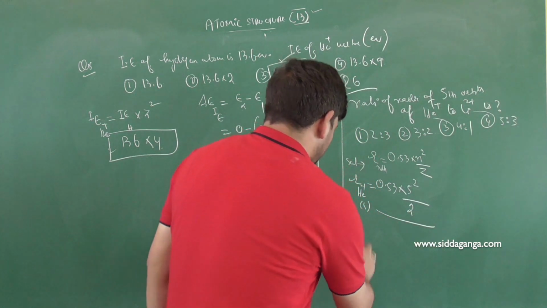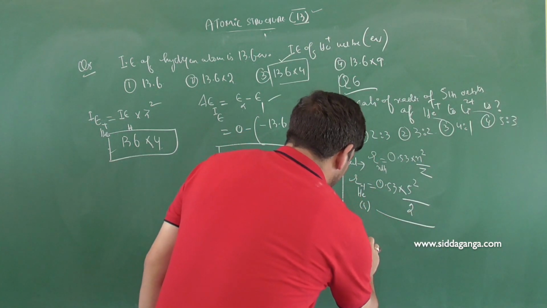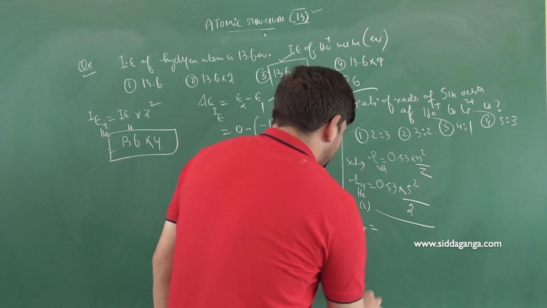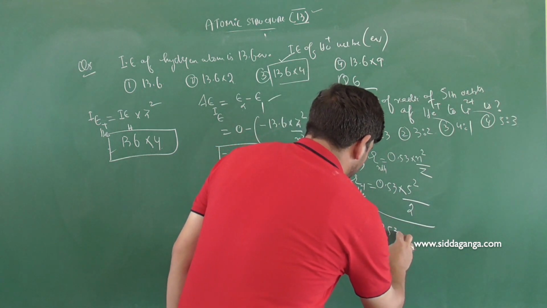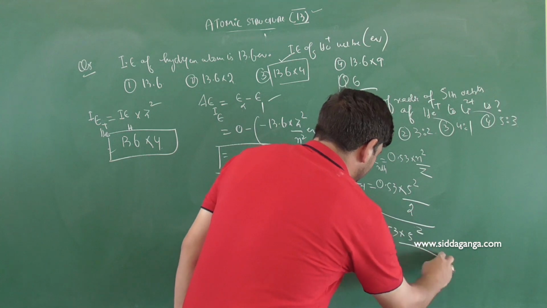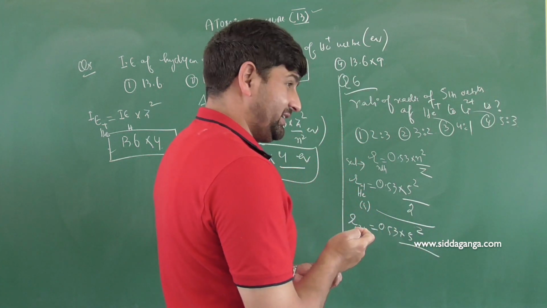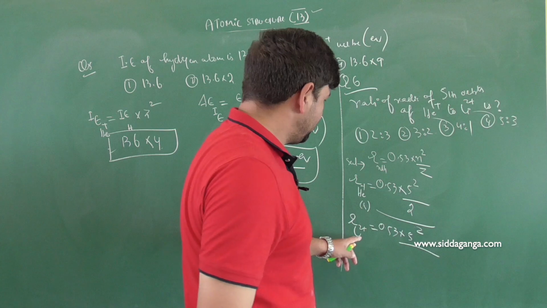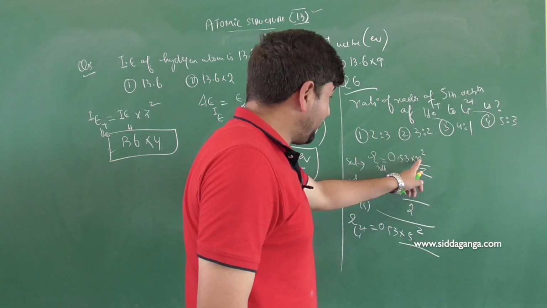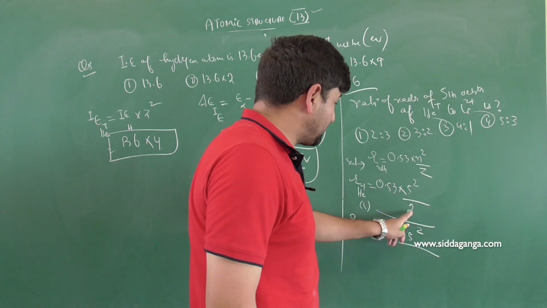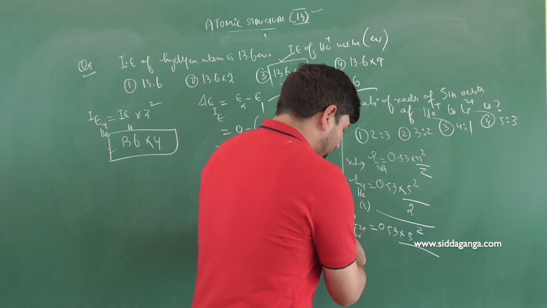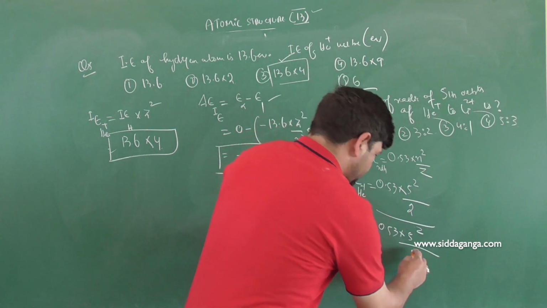By R of Li2 plus, that is 0.53 into 5 square divided by Z. So 2 by Z. What is the atomic number of lithium? 3. So it should be divided by 3.